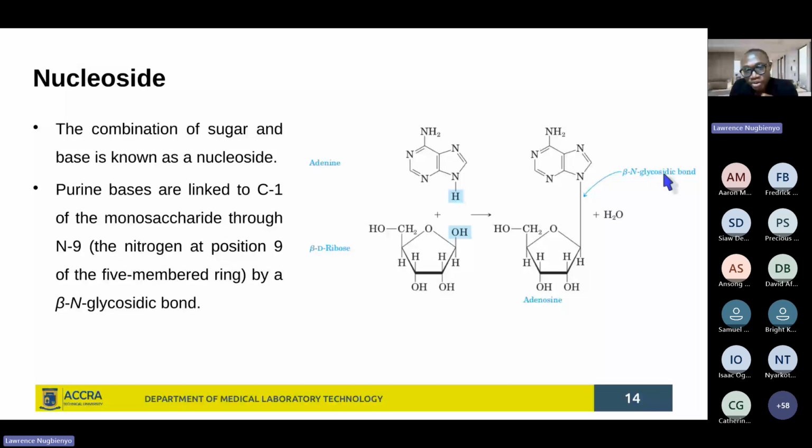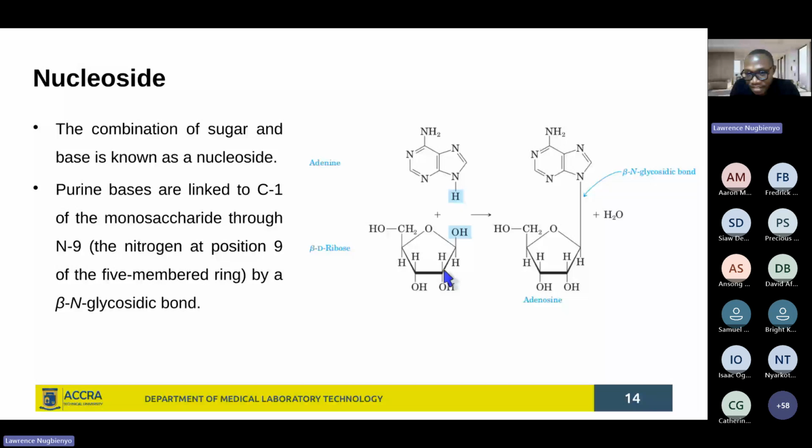Now, remember, I told you that pay attention to the hydrogen on the nitrogenous base that is shaded, because it is that portion that is reactive. And so we will come to it and you will see. So have you seen? Here you have the nitrogenous base, that hydrogen is shaded, and you have on the sugar, this is ribose. On carbon number 2 is the hydroxyl group, so this is ribose.